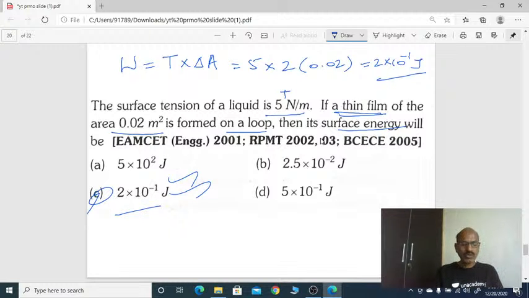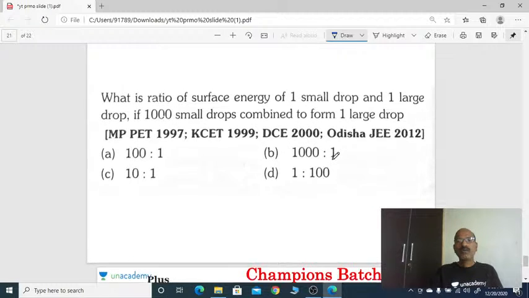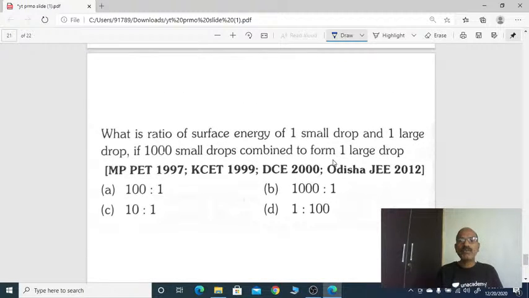Let us move to the next one. What is the ratio of surface energy of one small drop and one large drop if 1000 small drops combine to form one large drop? Here the question is surface energy of one small drop to one larger drop.